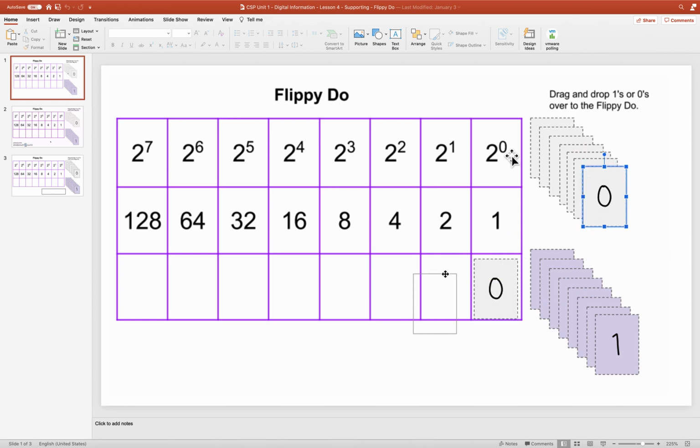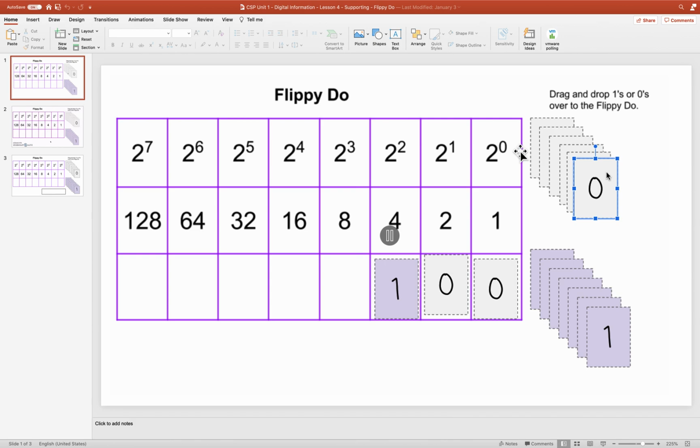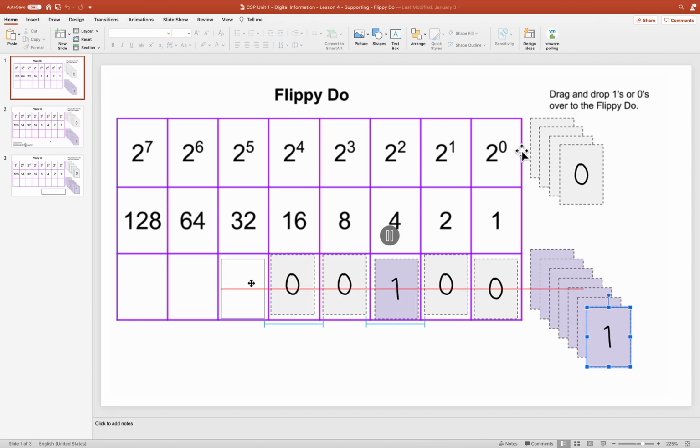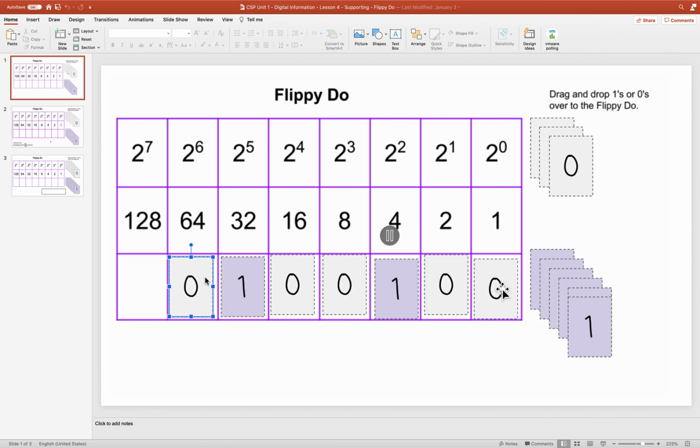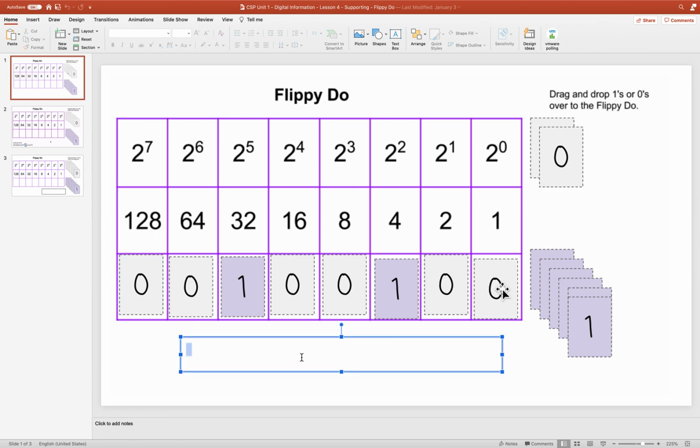If we added another binary place, 2 to the power of 0 is 1. So it's either a 0 decimal value, or a 1 decimal value.